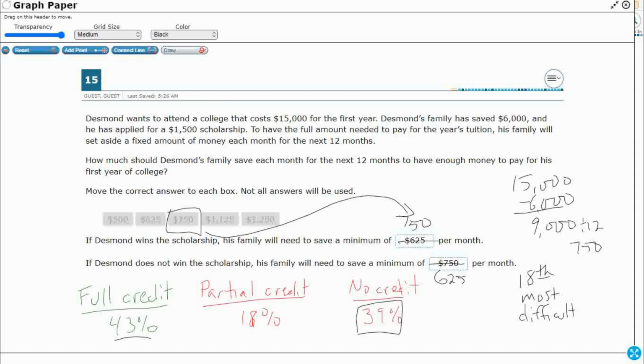I had to take away that extra $1,500 to get that scholarship. So I guess some of our students probably put these in the wrong spot simply because they weren't reading closely enough. Because the does not win the scholarship, that's our first calculation, that's where the 750 goes. So this is an opportunity to help our students to slow down, read the problem in its entirety to make sure you know where the answer needs to go.